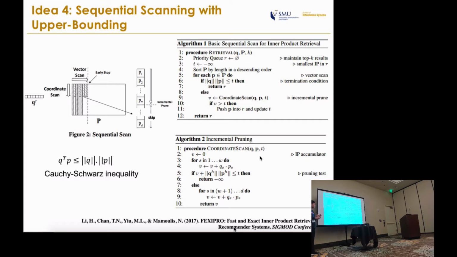Then whenever the norm product of the query vector and the data vector is not higher than the current smallest inner product in the result queue, you can terminate the search at that point of time. So the basic idea is that you don't need to do all the product computation for all the data vectors anymore.